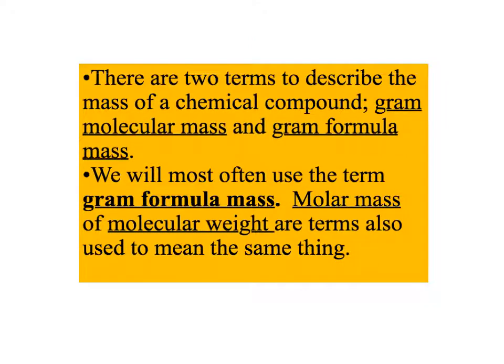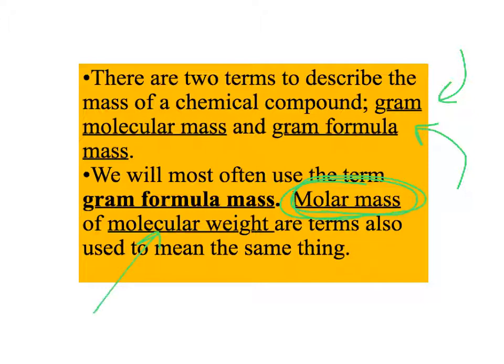And so I've hinted at this before. You're going to have to get used to hearing different terms that we use for this. So we've called it gram atomic mass. We might be calling it gram molecular mass. We might be calling it gram formula mass, depending on what type of compound we have. We can call it molar mass. This is personally the one that I use the most. I like to call it molar mass. We can call it molecular weight.